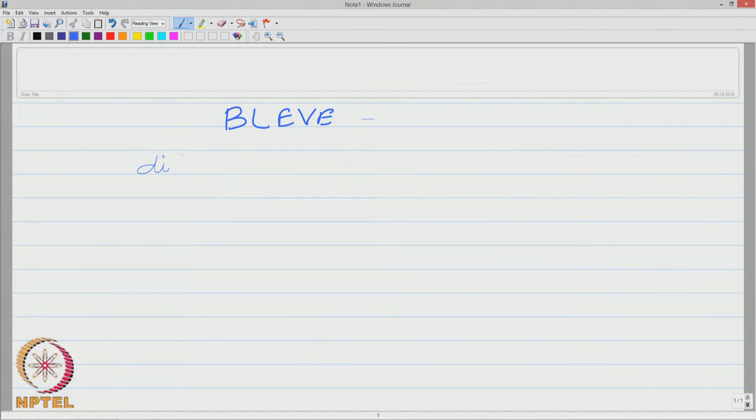There are different sources of BLEVE. Let us see them as listed below. 1. It could be a result of corrosion of walls of a pressure vessel.